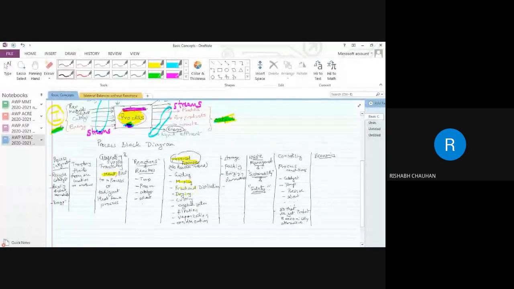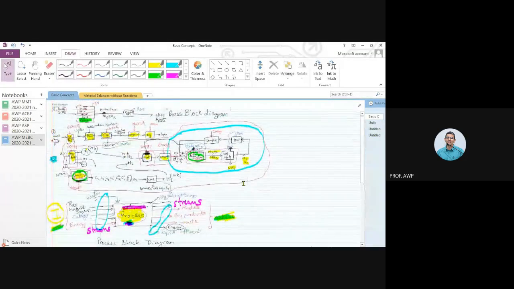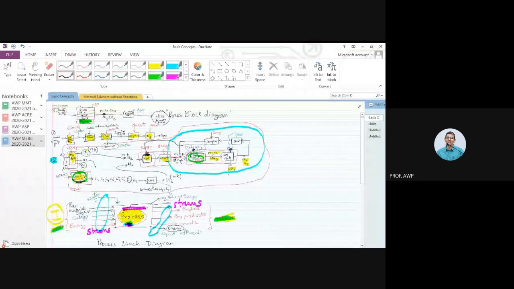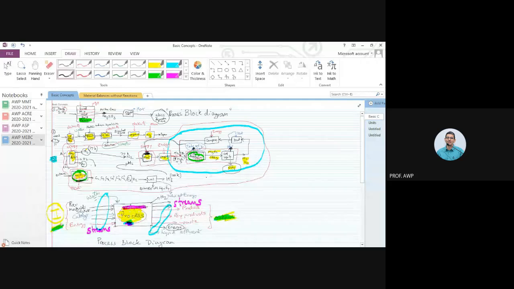Application of the product. Is that the common thing? My quality of the product is decided by what application I want, isn't it? What I make, I am making a product. The quality of that product, I am making a paper as a product.